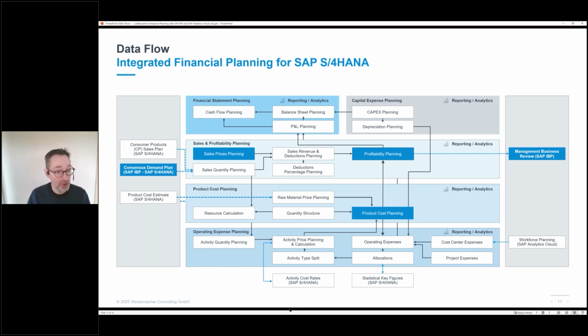So if we plan a sales price, we'll have a sales quantity from IBP, and then we can start bringing this in to profitability planning for, again, showing in IBP, in the management review, what we are actually doing.